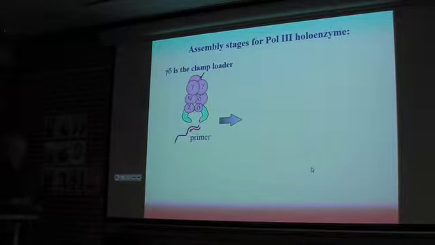Assembly stages. Here you see the clamp loader, and here you see the clamp getting ready to load. Now, what does the clamp load onto? It's looking for duplex nucleic acid. The first thing to be made in the lagging strand is the primer, right? And then the polymerase turns that into DNA, extends it as DNA.